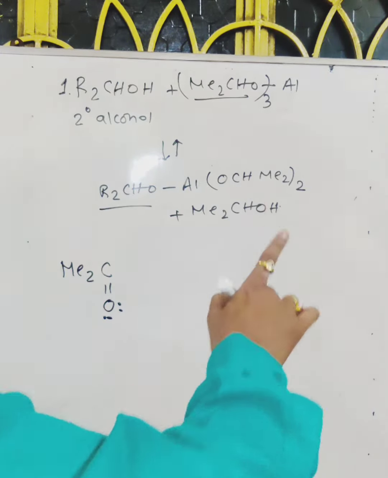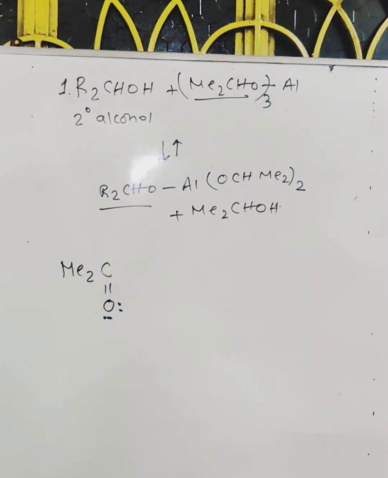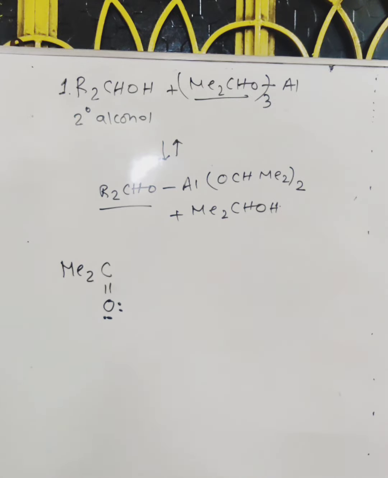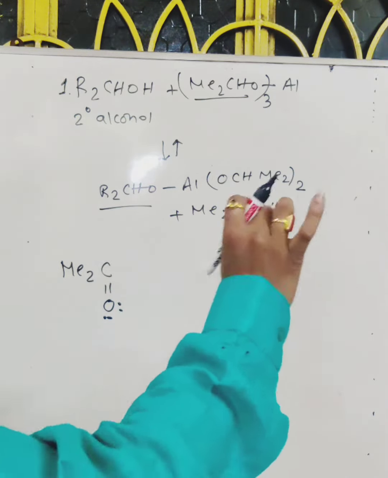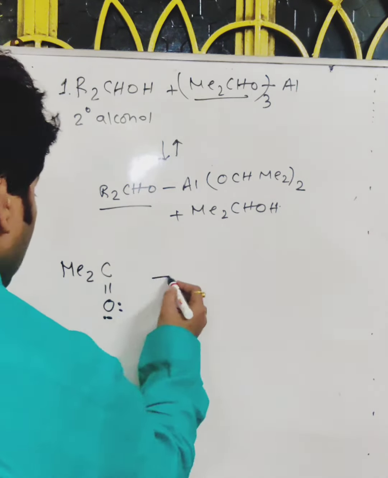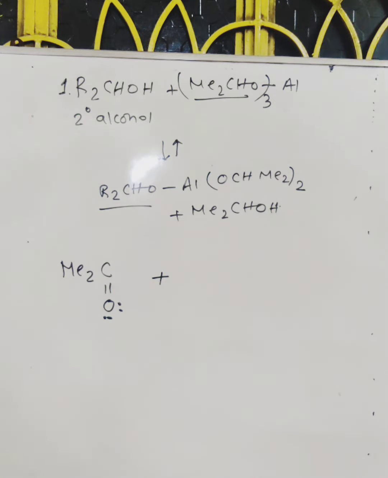This similarity is there because Oppenauer oxidation is just the reverse of the MPV reduction. Obviously oxidation is the reverse of the reduction, but how is the reaction proceeding? Think about it. We have used the acetone here, that is Me2CO, going to react with the species that we have already produced, correct?